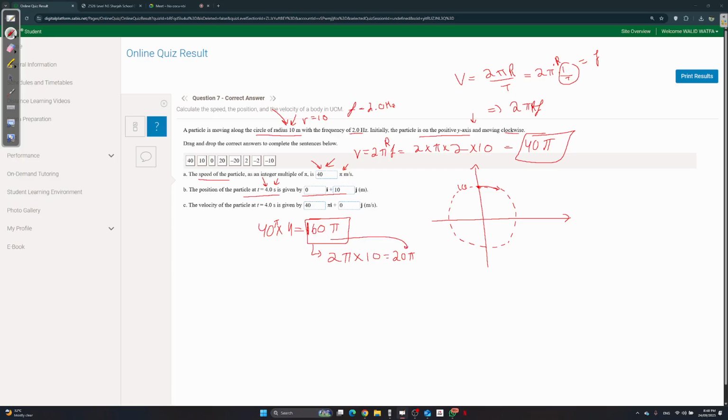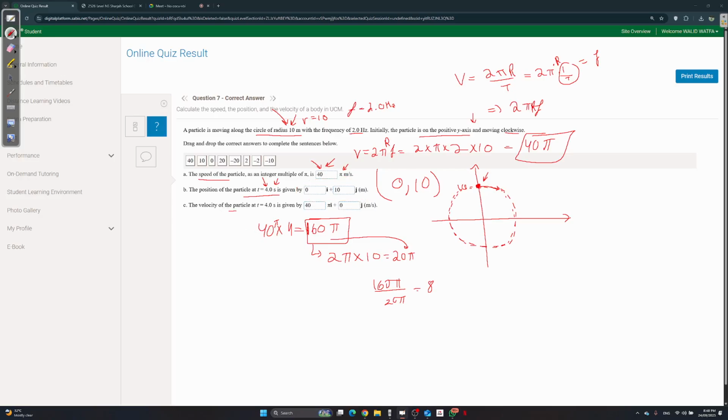So you divide 160 pi by 20 pi, you get 8. That means you did 8 complete revolutions. So where do you end up? Same as your initial point. And what are the coordinates? 0, 10. So this is correct. Okay?